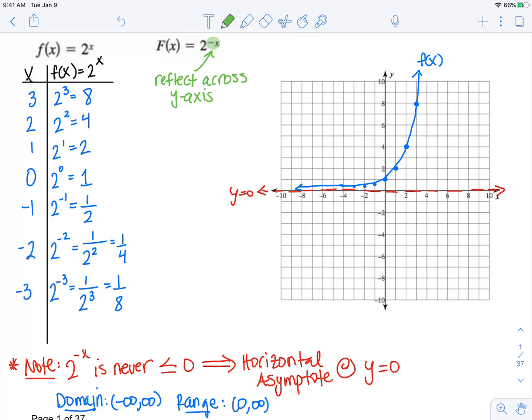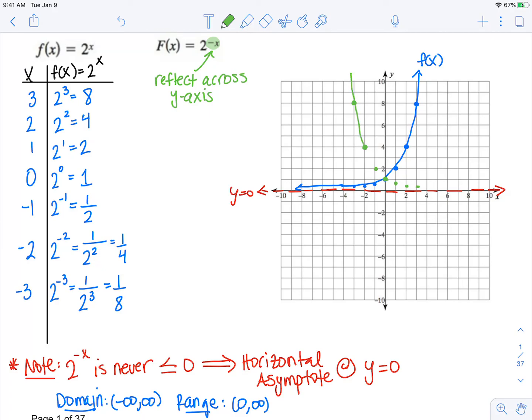So if I think about this, 3/8 will reflect over here to -3/8. 2/4 will reflect to -2/4. 1/2 reflects to -1/2. This point here on the y-axis stays the same, and the rest of the points reflect on the other side.